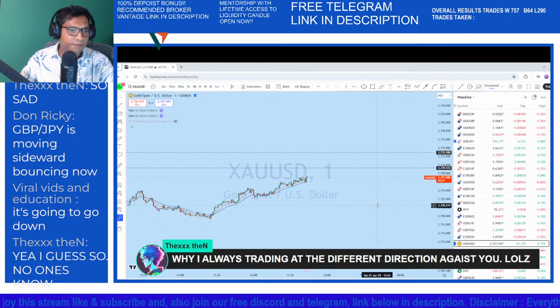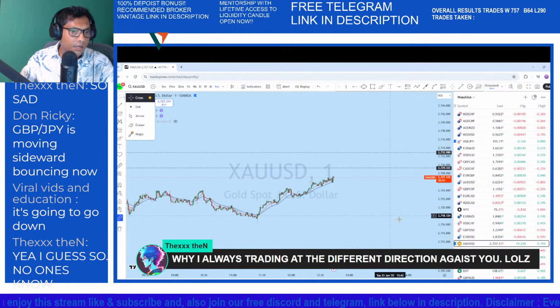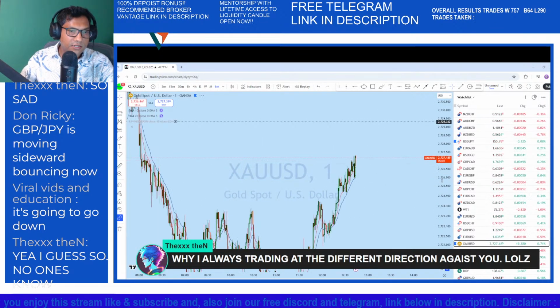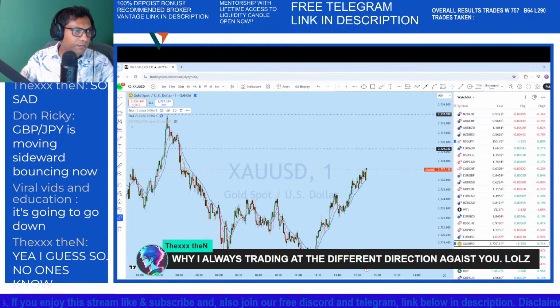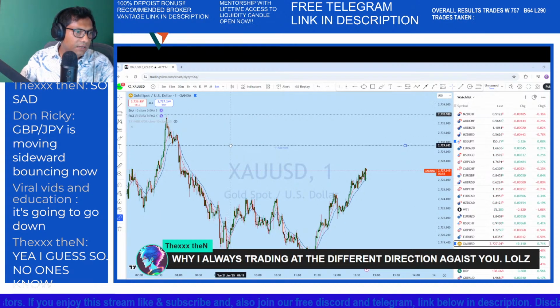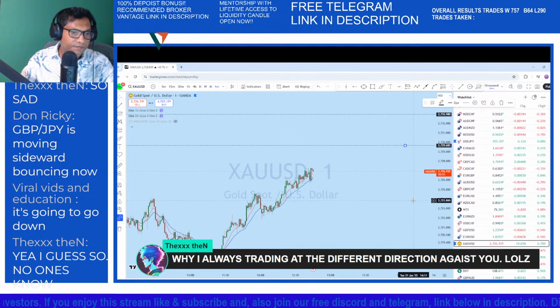Okay, so we are here, and with that movement, you can see this is an important support turning resistance.